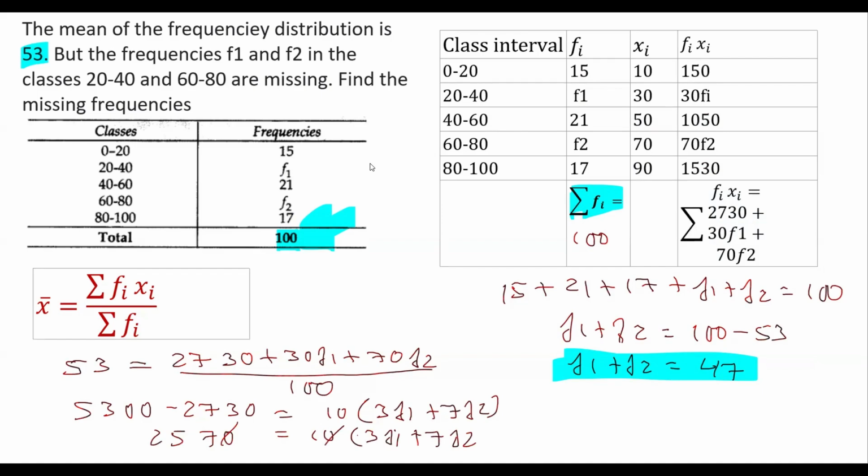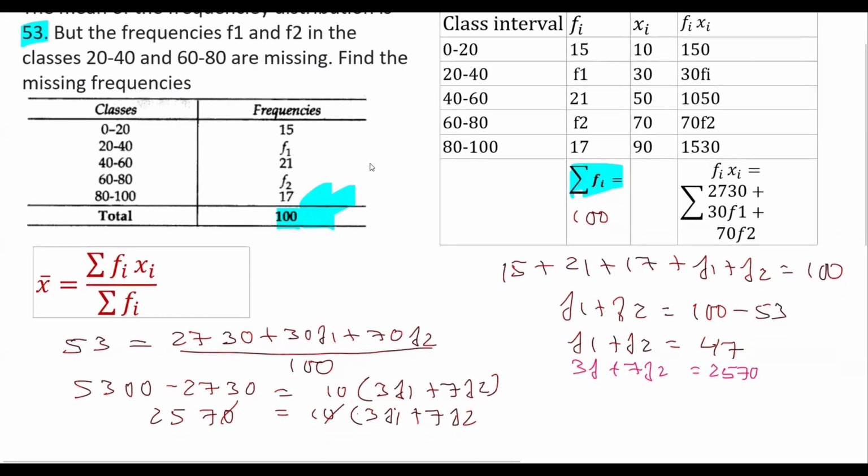Now, the next thing I'm going to do is to simplify these two equations. One equation is this, and the other I'm writing below it. So it's 3 times F1 plus 7 times F2 is equal to 257. Now, here I'm going to use the elimination method.